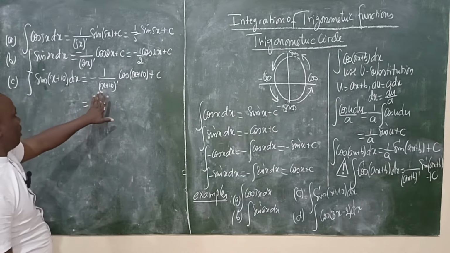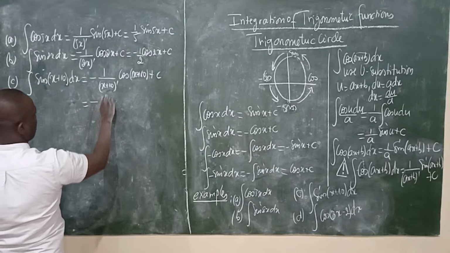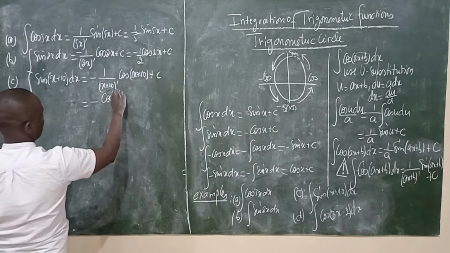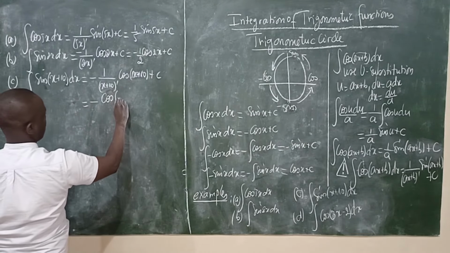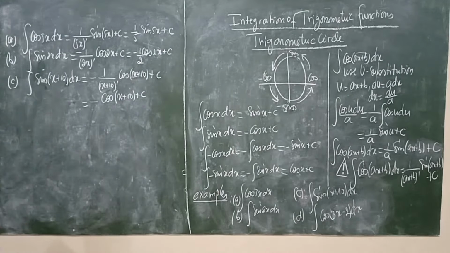The derivative of x plus 10 is 1. That's why here it is minus 1 by 1, that is minus cosine of x plus 10 plus a constant of integration.